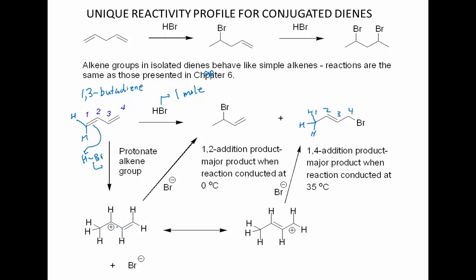If you imagine this resonance form reacting with bromide where the positive charge is, it would produce this compound here. If this resonance form reacts with the bromide, it would produce the 1,4 addition product here.